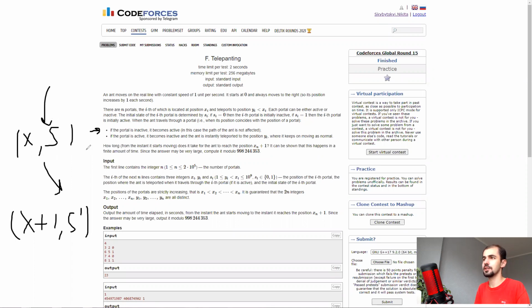If you are currently in this state, then you know, okay, I either got teleported here from another location, if this is a portal location, or I just moved from x minus 1. And depending on the situation, you can see what actually happened. So yeah.